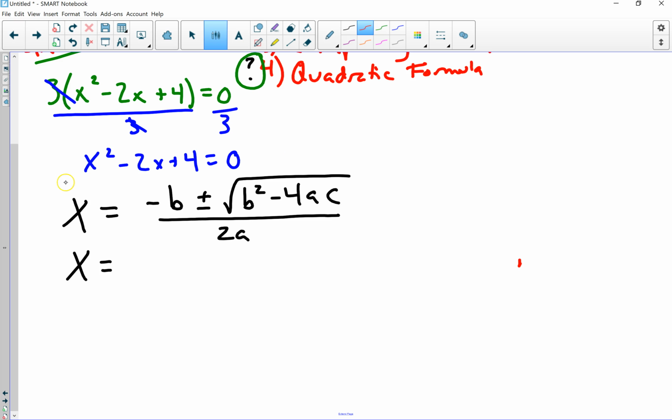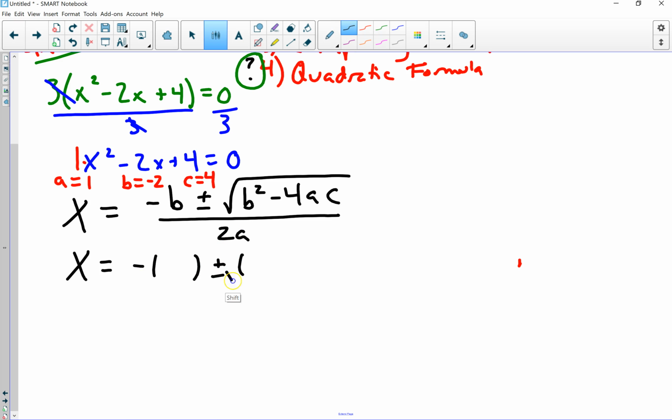So my A is the coefficient of x squared. Here it's an implied 1. My B is the coefficient of x, so here it's negative 2. And my C is my constant term, which is 4. So I find it's helpful to write that out before I plug it into the formula.